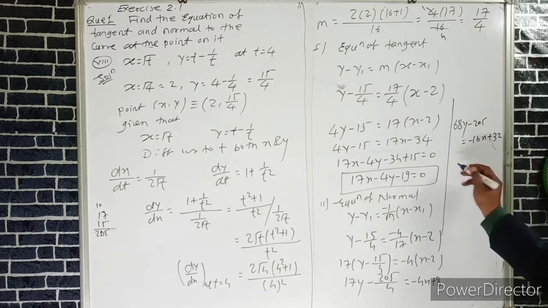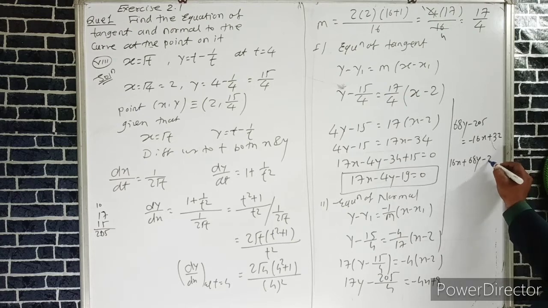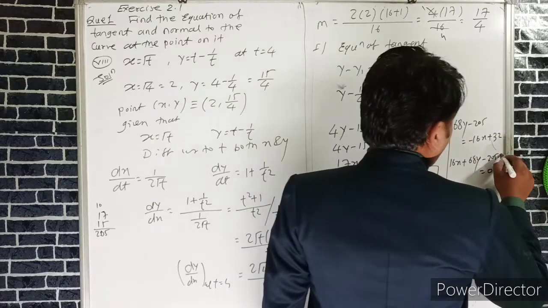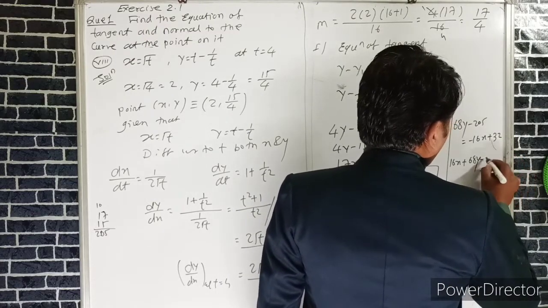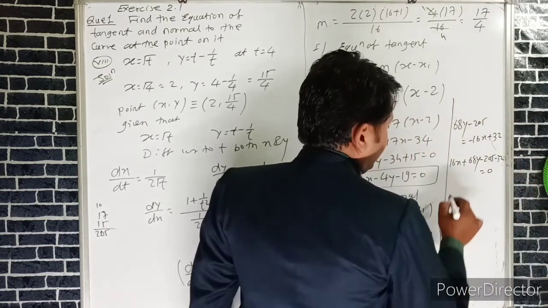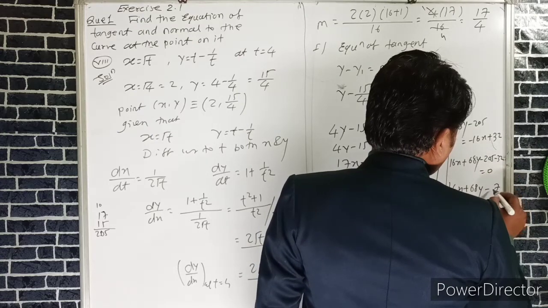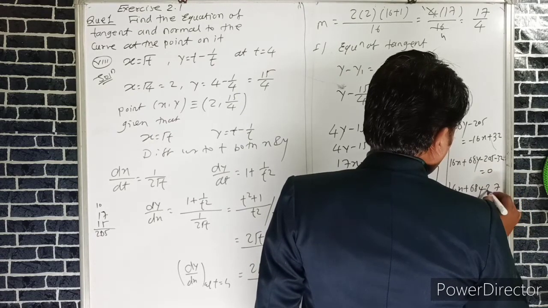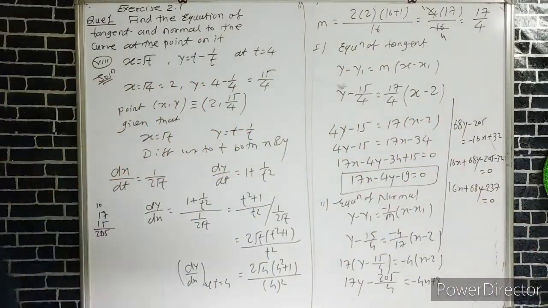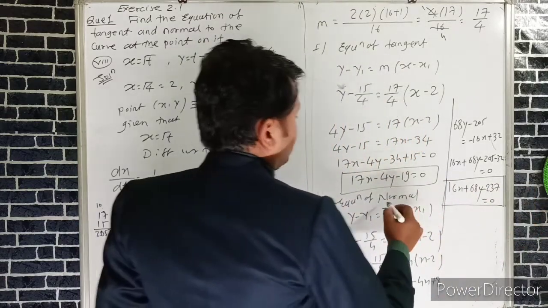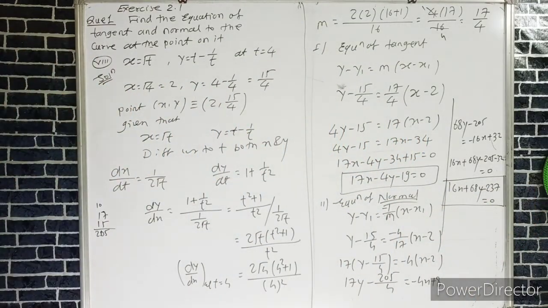If we shift 16x to the left side, we can write 16x plus 68y minus 255 minus 32 is equal to 0. Hence, 16x plus 68y minus 287 is equal to 0, which is the required equation of normal.